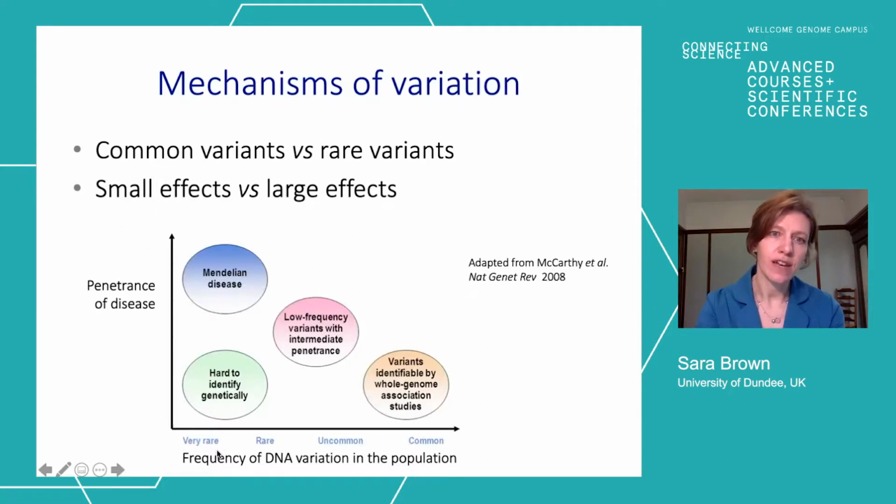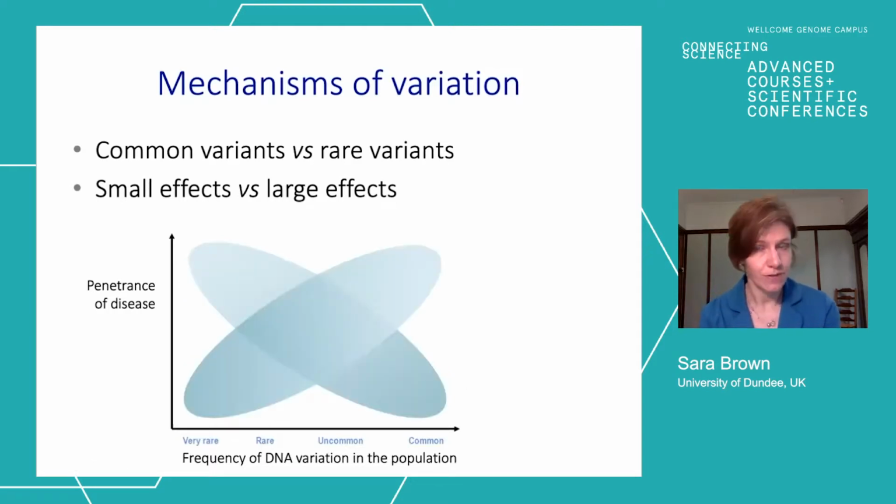So rare variants often are highly penetrant, causing classical Mendelian disease, whereas common variants were thought to be lowly penetrant, often identified by GWAS as contributing to common complex traits. But the more we've learned about different variants on a population scale, the more it's become clear that actually this is rather a false distinction. And we know that even common variants can be highly penetrant, and common variants can come together to cause severe disease as well as milder disease.